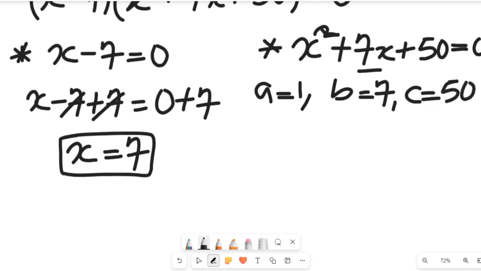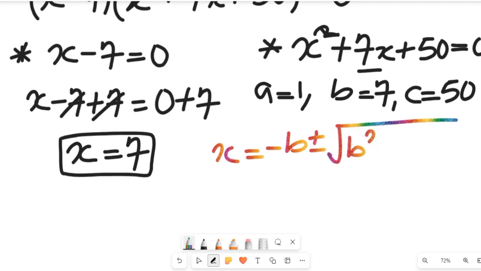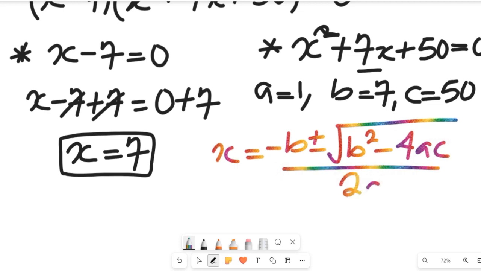Now recall the algebraic formula. We'll have x equal to negative b plus or minus the square root of b squared minus 4ac, divided by 2a.